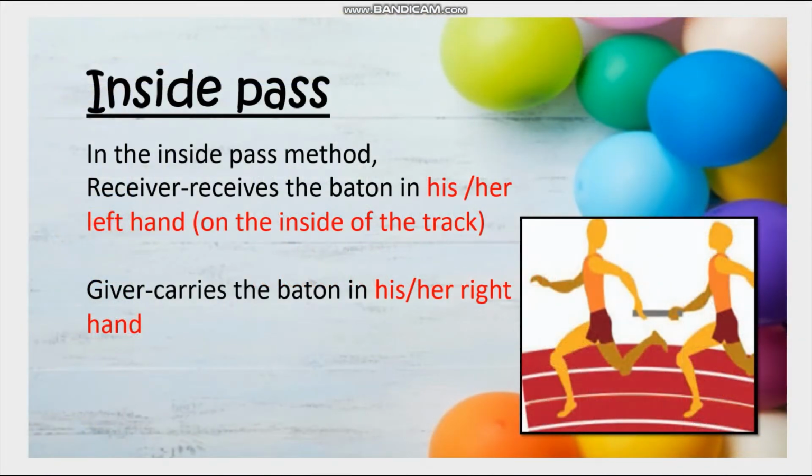Inside pass. In the inside pass method, the receiver receives the baton in his or her left hand on the inside of the track. The giver carries the baton in his or her right hand.